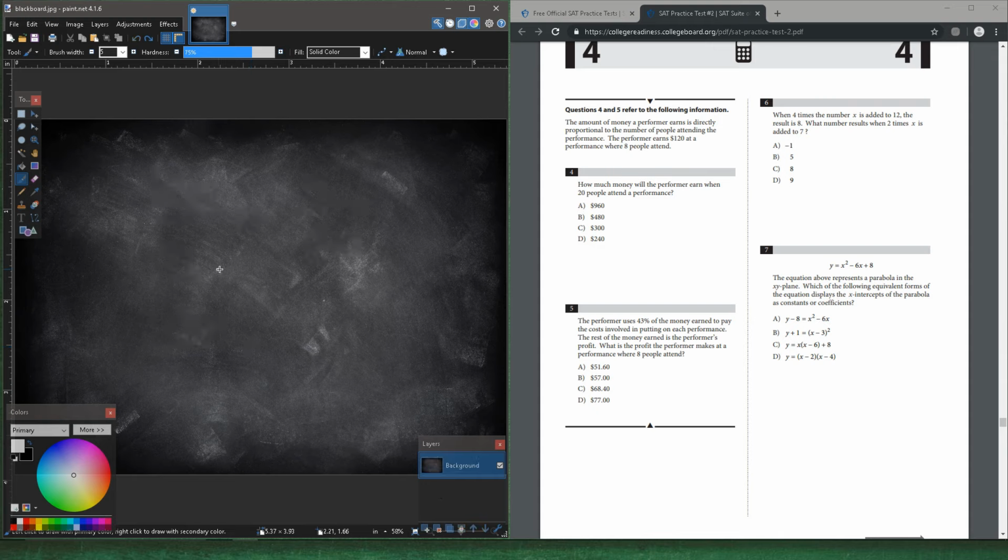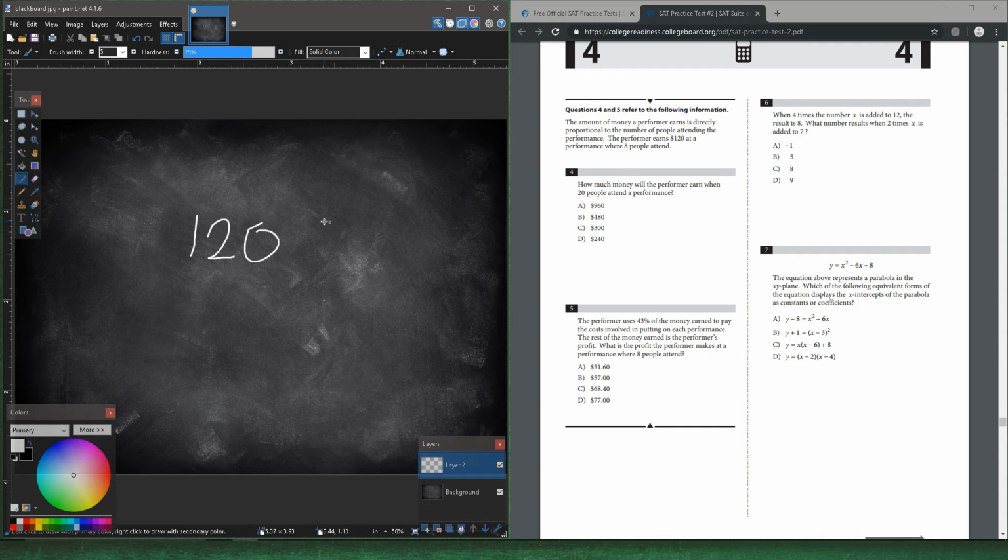Pretty basic. Okay. A performer uses 43% of the money earned to pay the cost. The rest is earned. What is the profit the performer makes at the performance when 8 people attend? So 8 people is $120, which is shown right here.